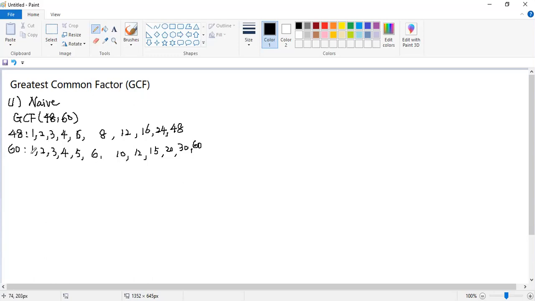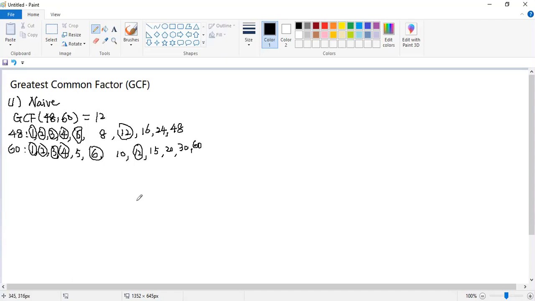And then we circle common factors: 1, 2, 3, 4, 6, and 12. So you see 12 is the largest or greatest common factor for 48 and 60.